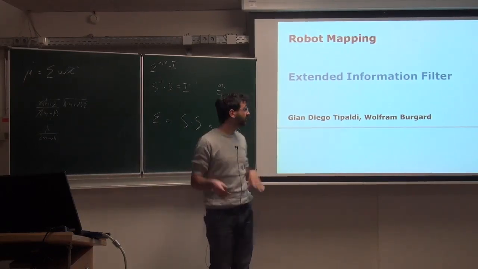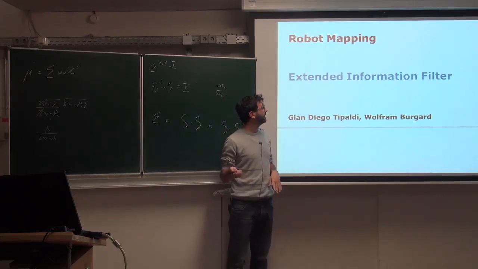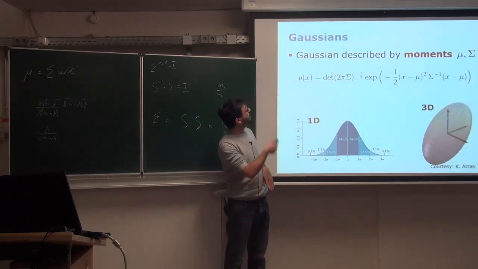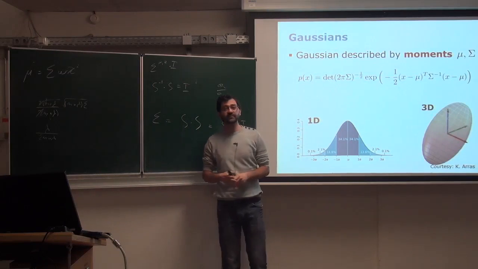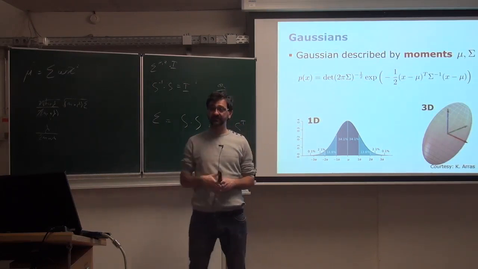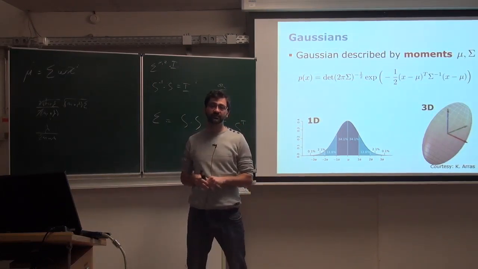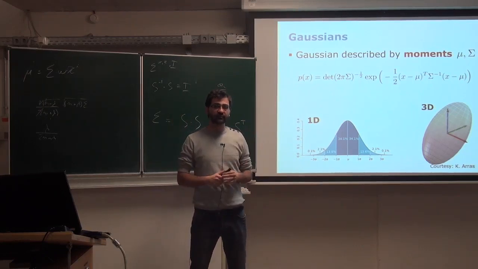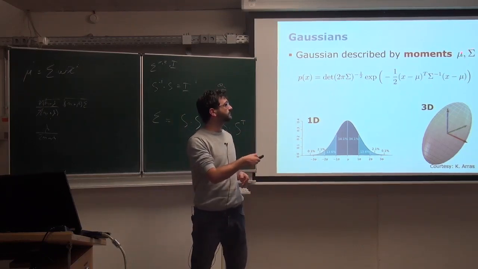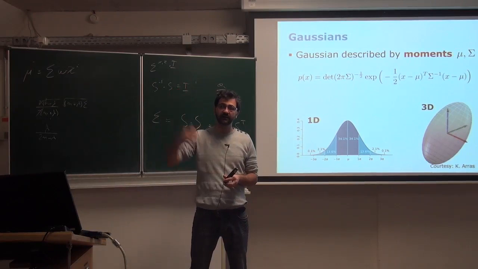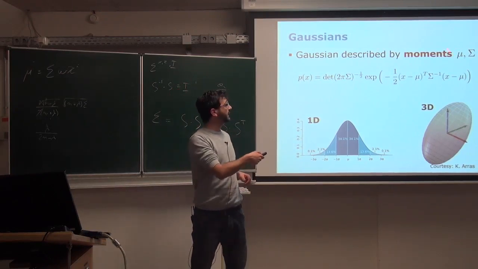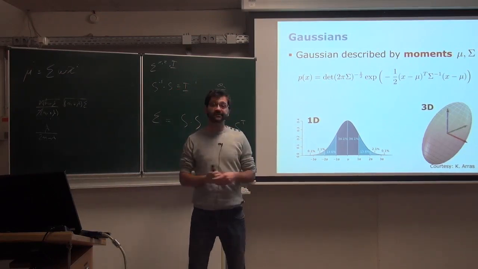So before going into the detail, you remember the Gaussian distribution, no? We normally parameterize it by two parameters. One is the mean, or the mean vector if you are in a higher dimension. And the other one is the covariance matrix, okay?